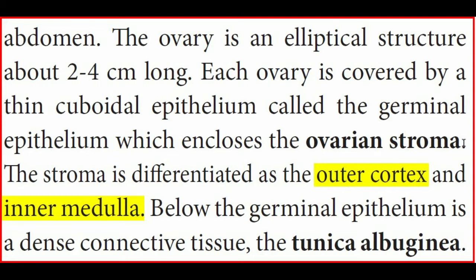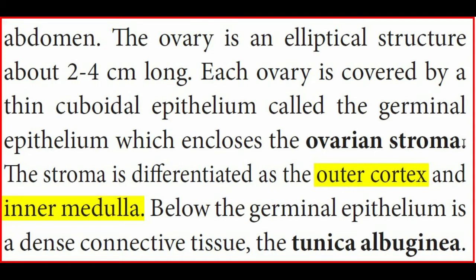It is covered by germinal epithelium. It encloses the ovarian stroma. The stroma consists of an outer and an inner part. The outer part is called the cortex and the inner part is called the medulla.